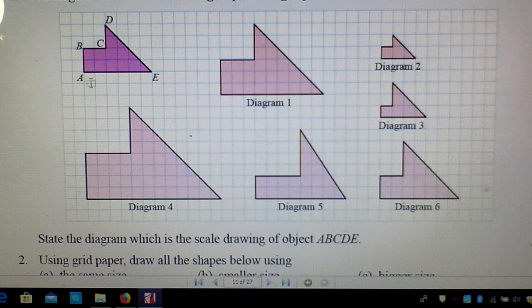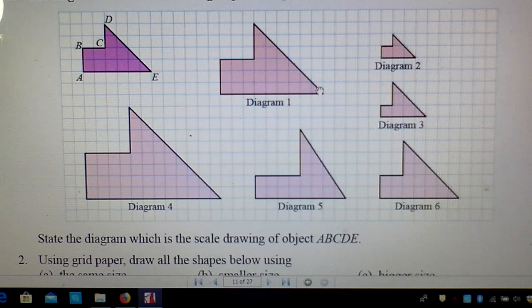Here ratio 6, and here is 2, 4, 6, 8, 9. 6 to 9 is also 2 to 3, meaning AE is also proportional. Okay, DE coming from the triangle, 4 times 4. This one 8 times 8.